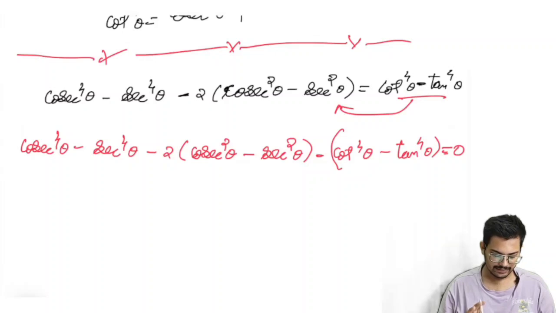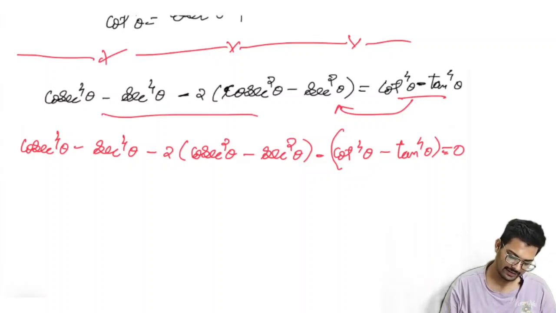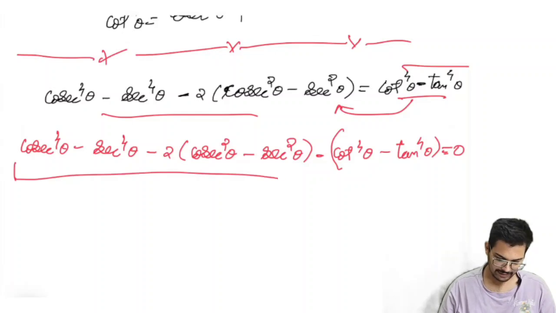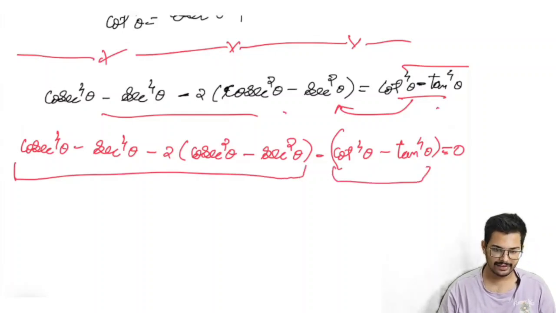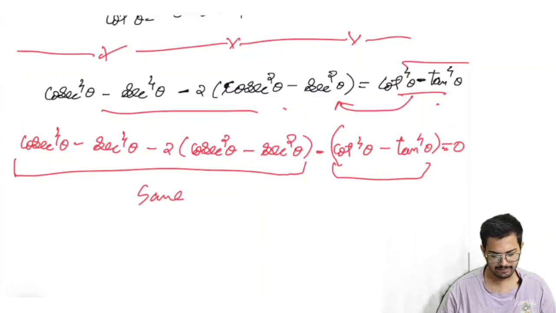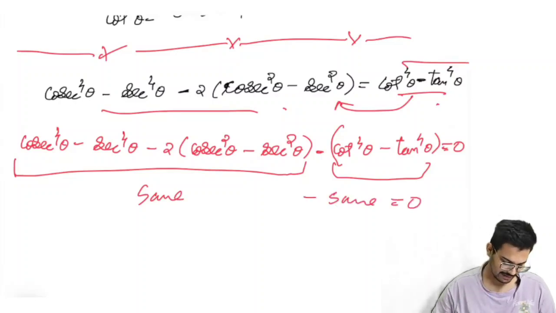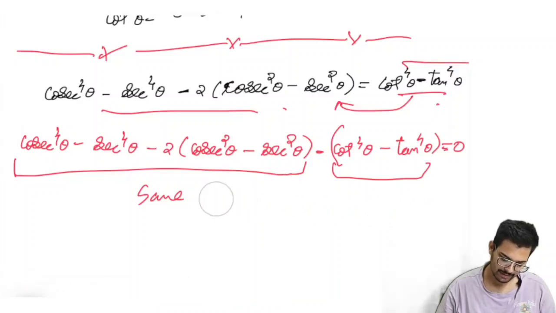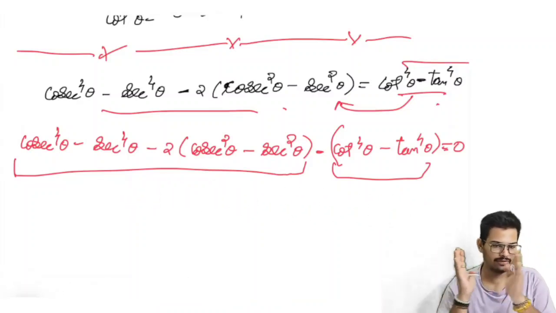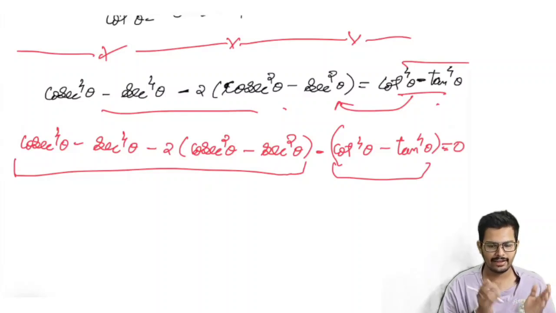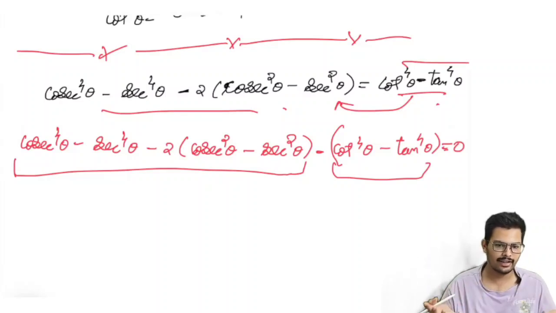Now the approach is, if this equals this minus this, that is basically the RHS equal to LHS. If it is true, same quantity minus same quantity will be 0. So in some questions you can approach this way: when you take the whole RHS to the other side, LHS minus RHS is 0, which means automatically LHS and RHS should be equal.